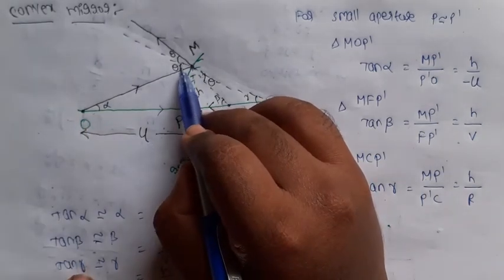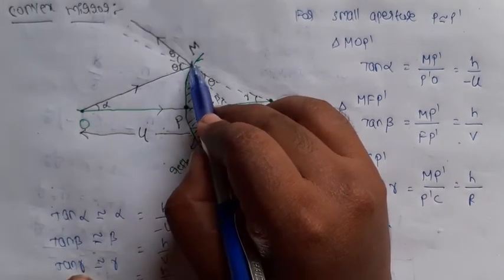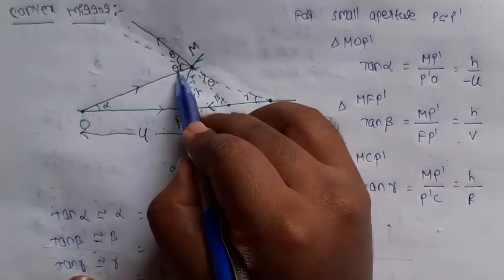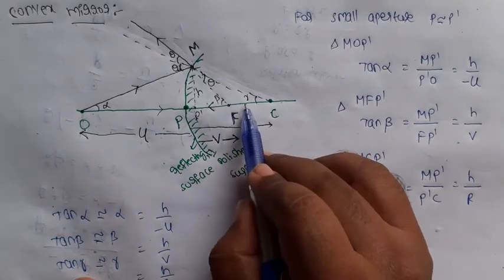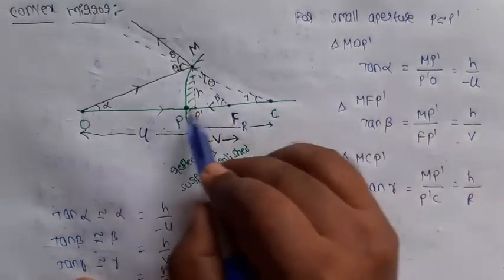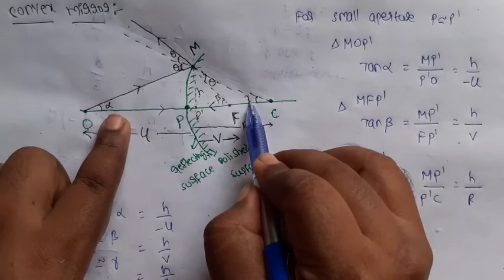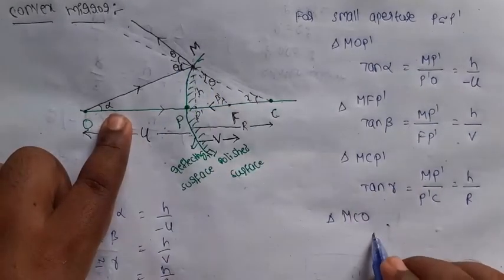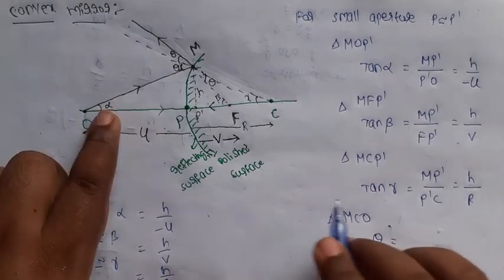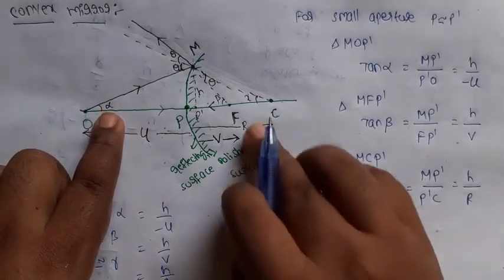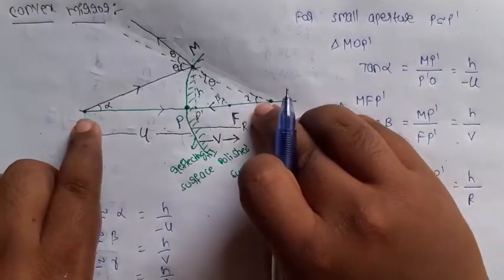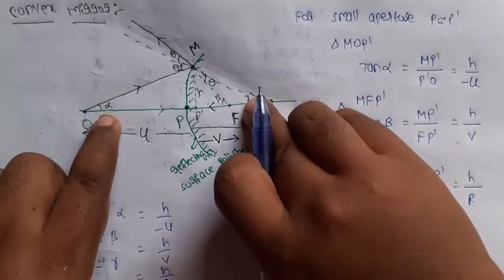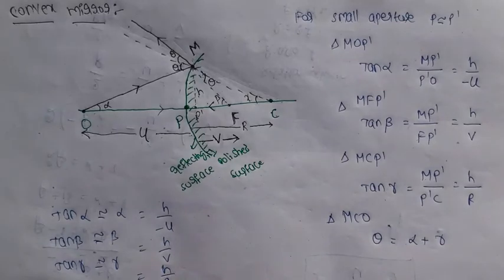So for triangle M C O, the outside angle theta equals the sum of the inside angles, alpha plus gamma. Theta equals alpha plus gamma. That is the first equation.